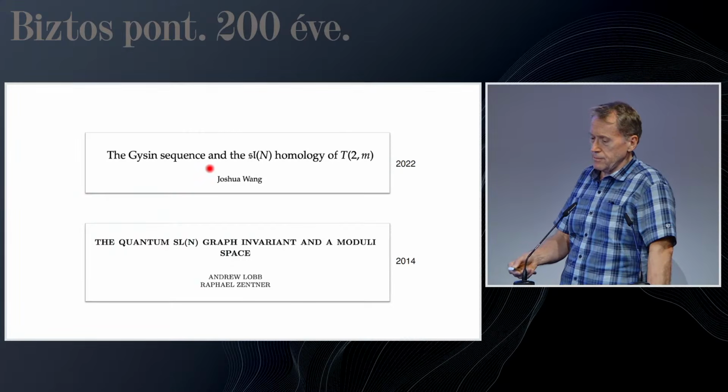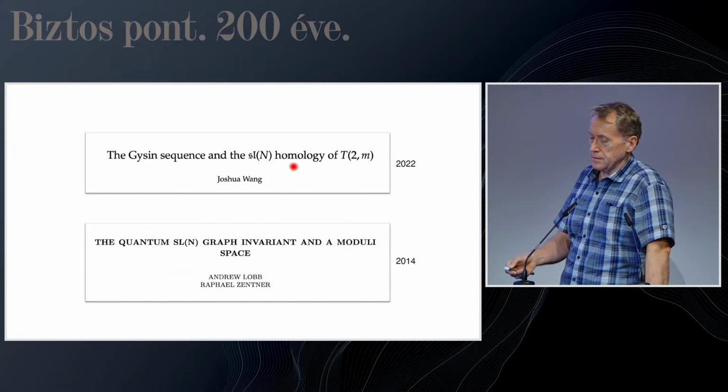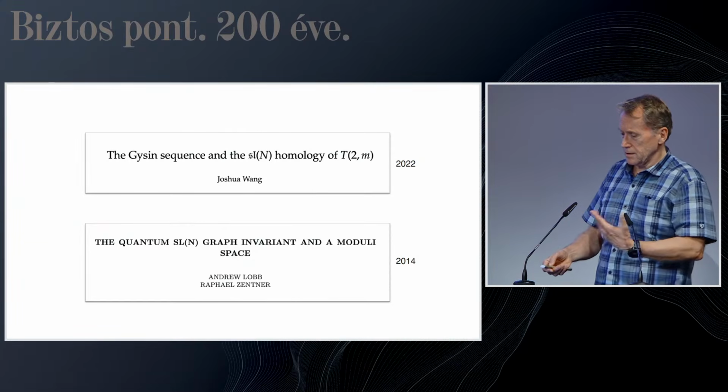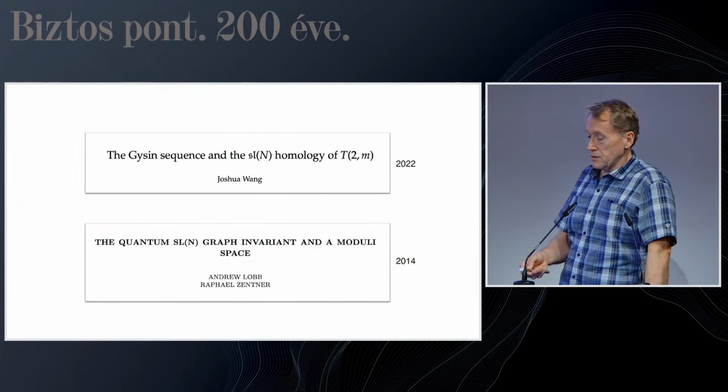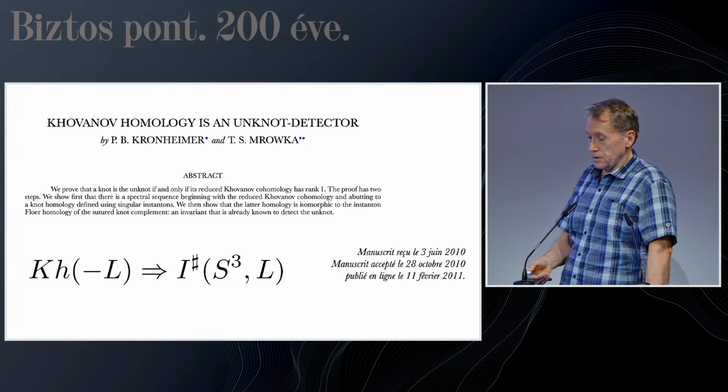There's several beautiful papers by Josh. I should have mentioned the paper by Jake Rasmussen as well, and there's another nice paper by Lobb and Zentner on this, just trying to understand the representation variety and what it's telling you and what it might tell you about the combinatorial theories.